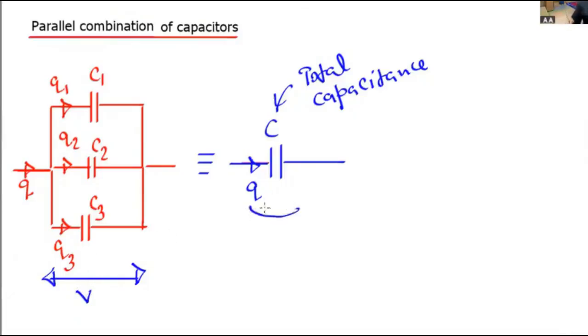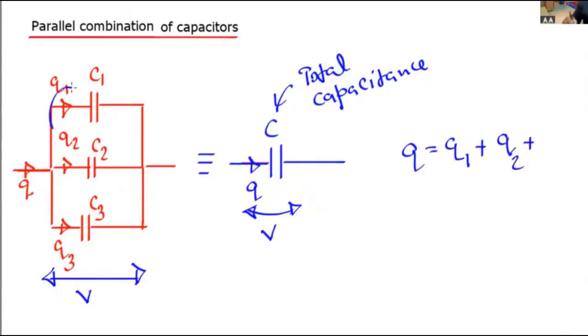Then the potential difference of the total capacitance is also V. Total එකෙත් V. හරි.